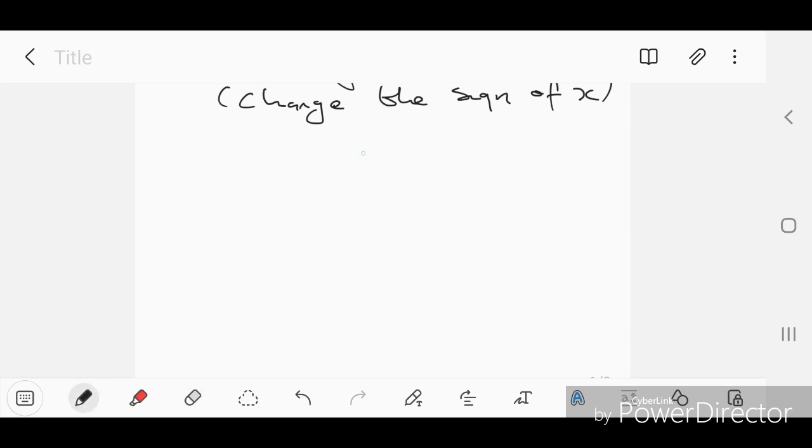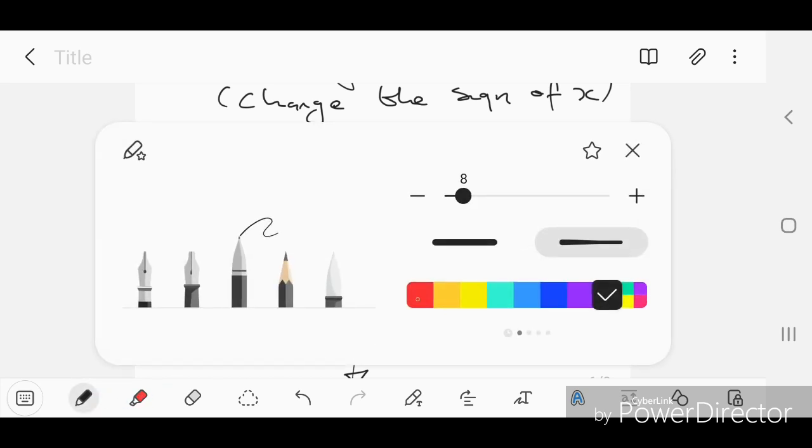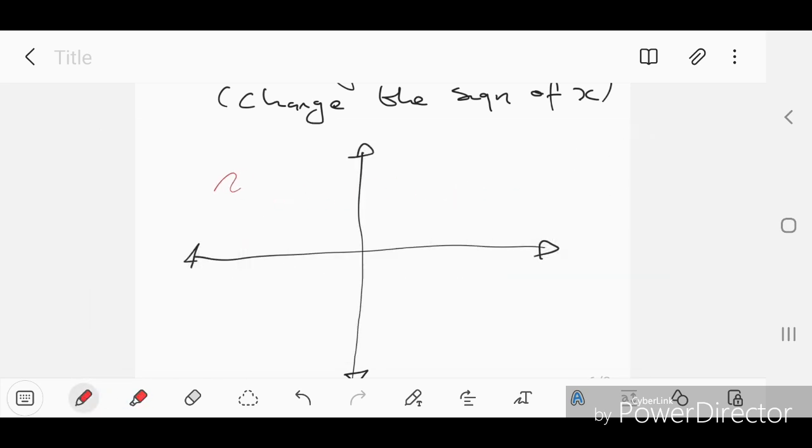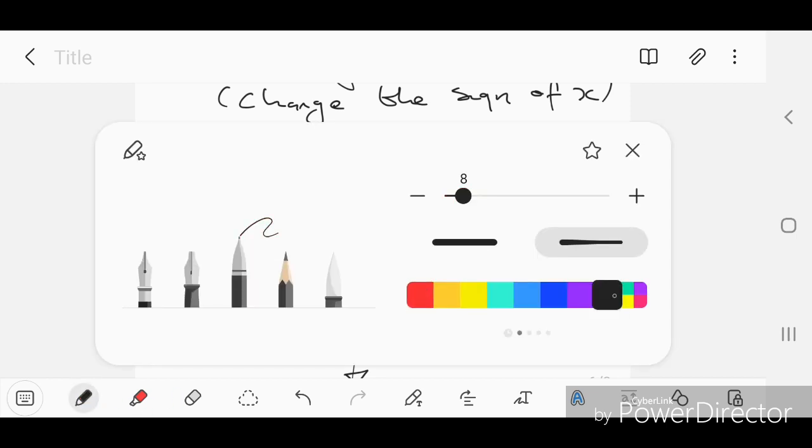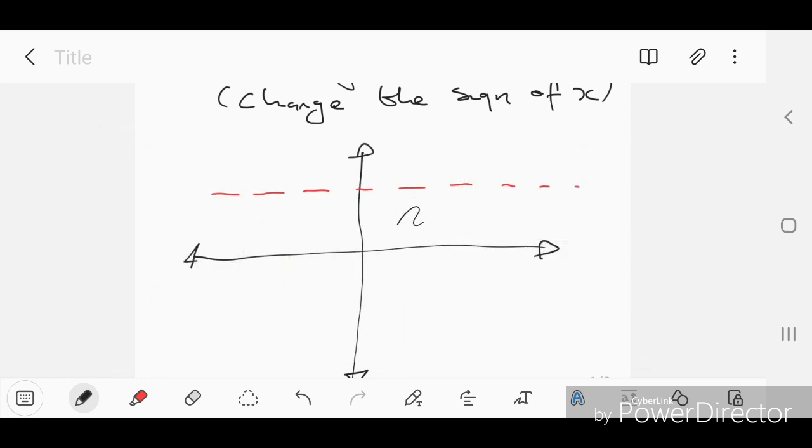If I am having a function, let's say this is the x-axis and the y-axis. Let's say this is my asymptote, and I'm having a function. This is the function that I'm having, maybe an exponential function, and I'm told that this function is reflected above the x-axis.